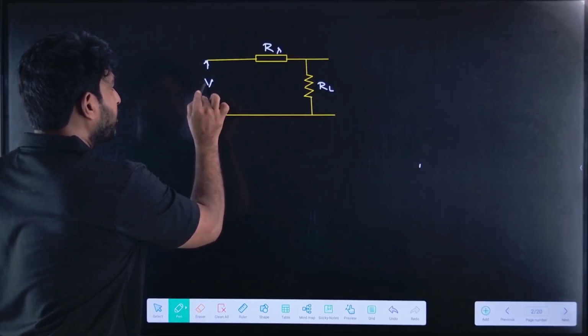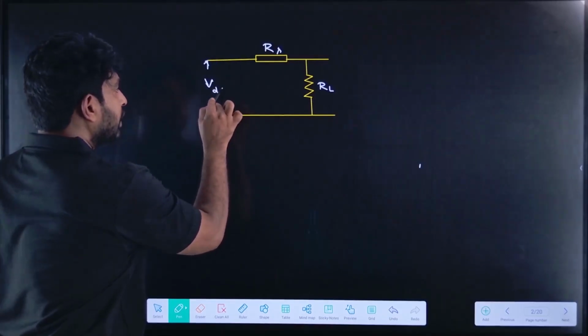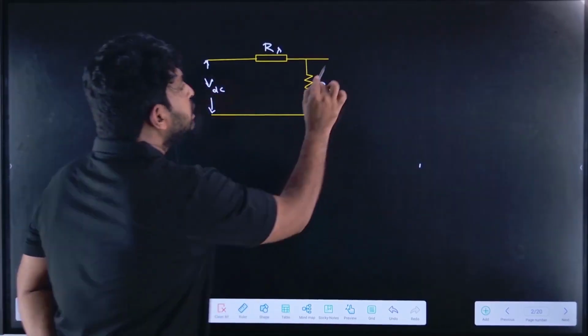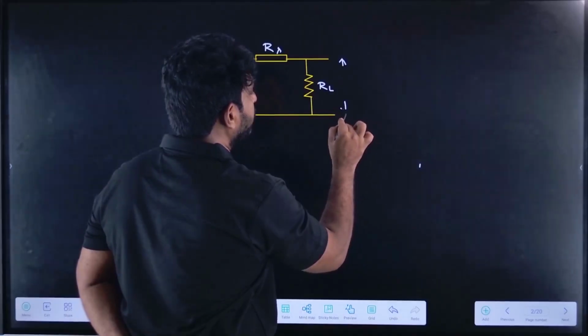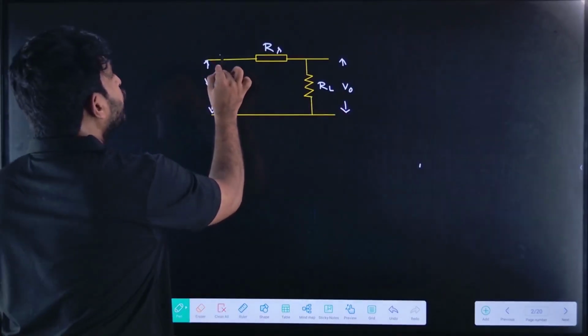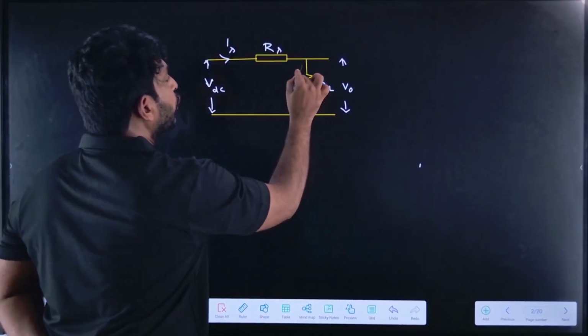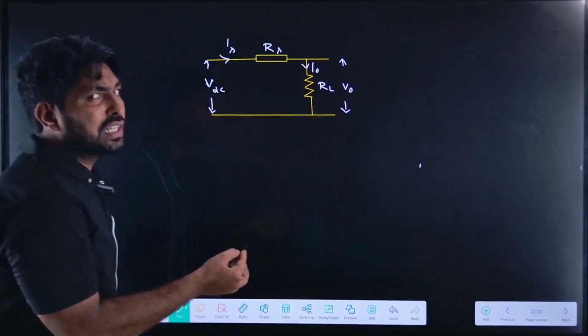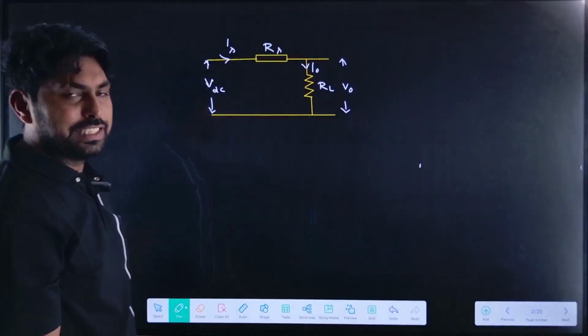If I apply the VDC here, let me assume this as V0, the output voltage. The current flowing is IS and the current flowing through the load is I0. Both are the same because it is a series resistive circuit.